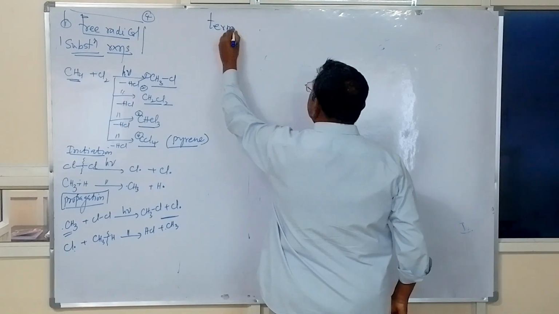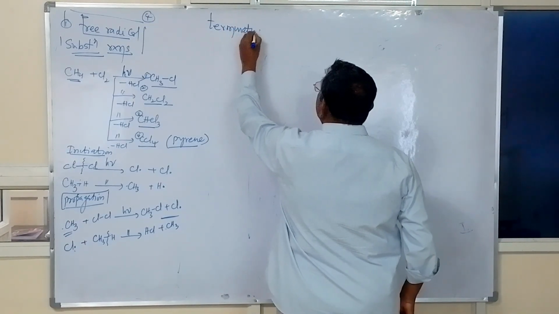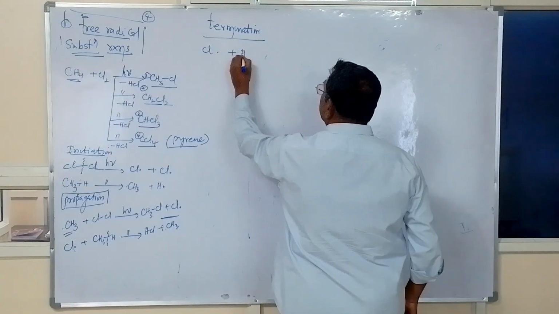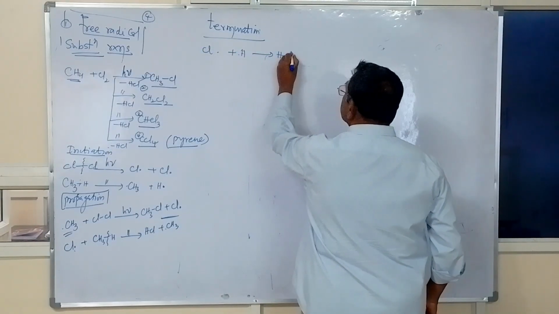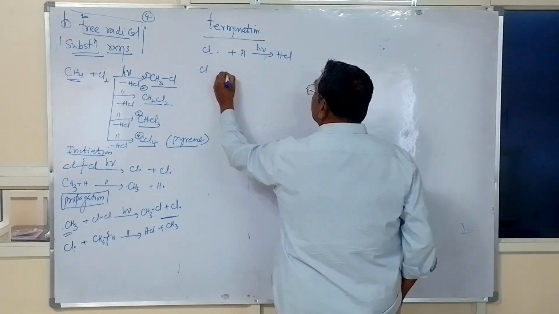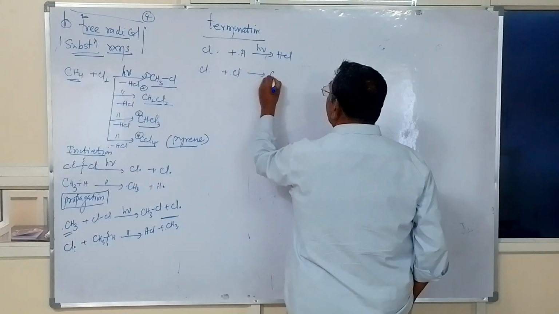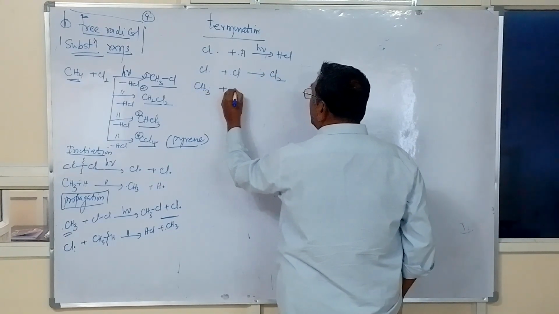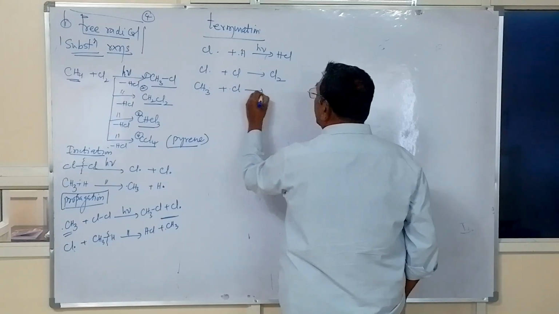Termination. What's known as termination means the free radicals combine to give us a product like HCl, and similarly Cl free radical, Cl free radical, Cl2. Like that, CH3 free radical and Cl free radical.